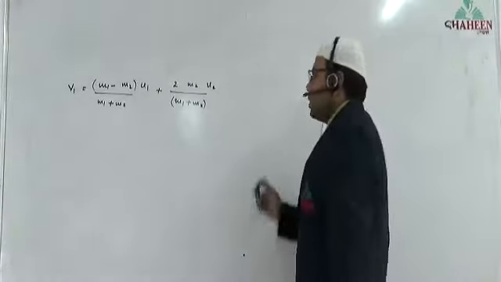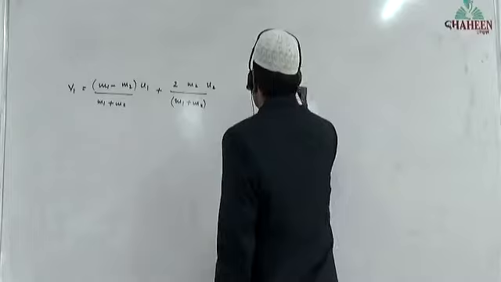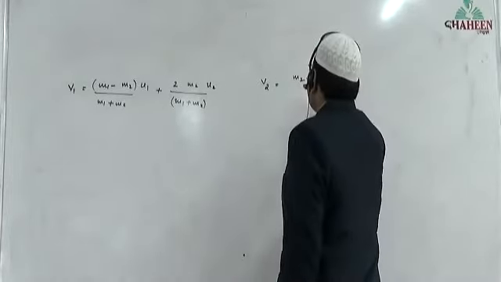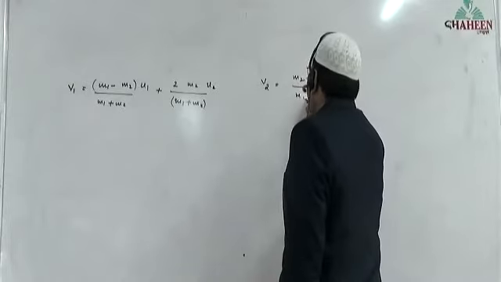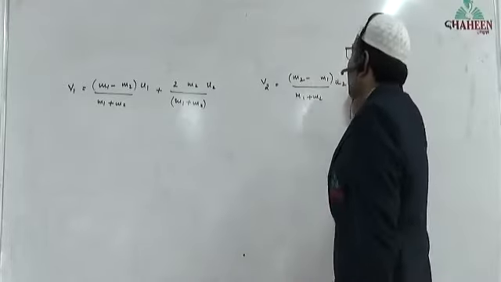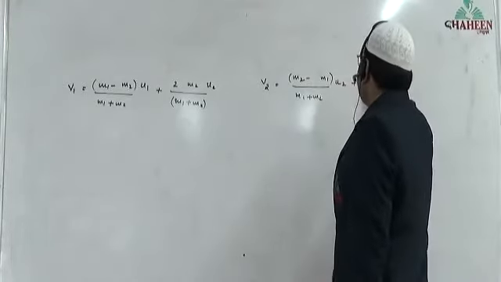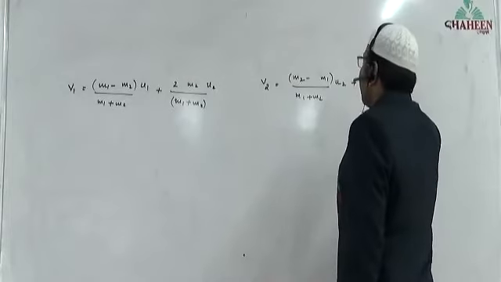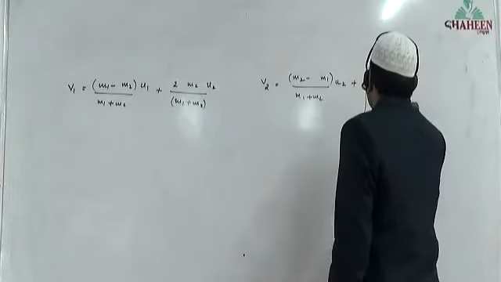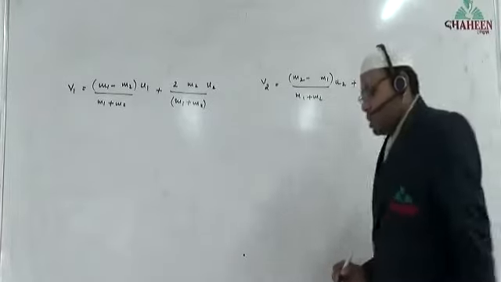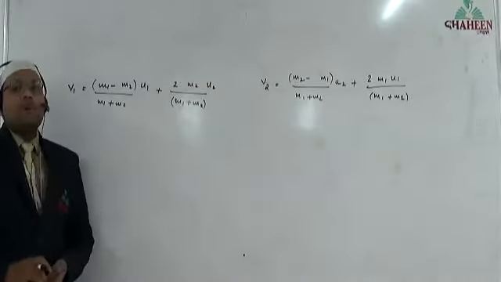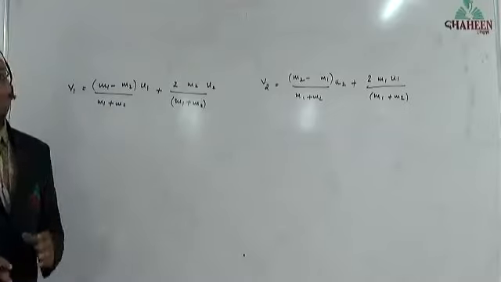And v2 is equal to, you just have to interchange, (m2 minus m1) by (m1 plus m2) into u2, plus 2 m1 u1 by (m1 plus m2). This we have done for elastic collision, and we have proved also, right? We have derived this velocity. So this is v1 and this is v2. This is for elastic.